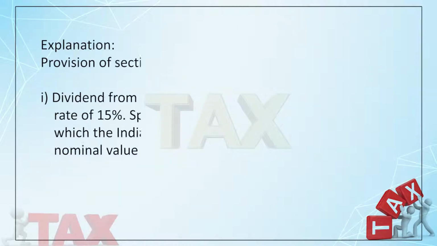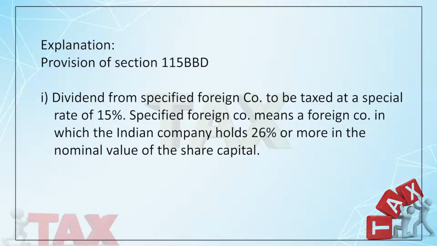Now, let us see what the provision says. 115 BBD says that in case of foreign company means which is established or incorporated outside India. In this example, we have two foreign companies. One is C Limited and second one is the D Limited. So, 115 BBD will be applicable.